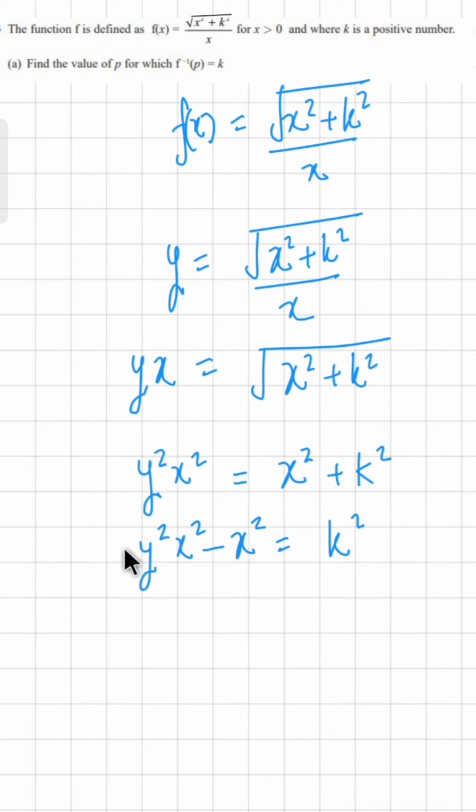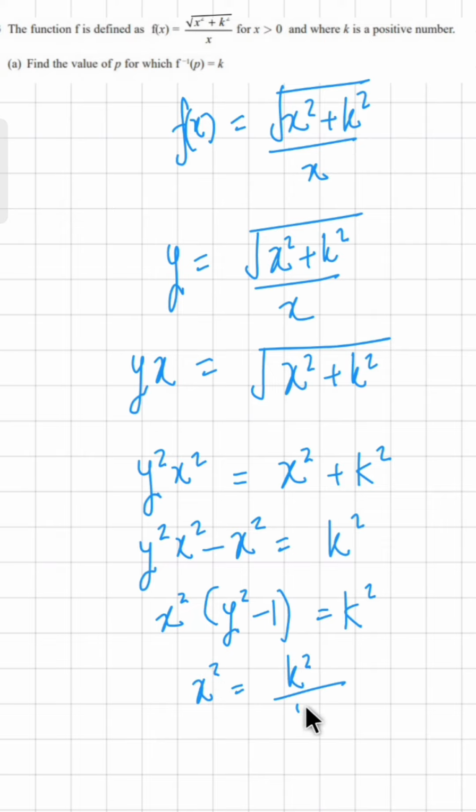Now you can take x² as common in the first two terms. If you take x² as common, then y² minus 1 will be left. Now this y² minus 1 is multiplying x², so you can send it to the right side, where it will divide. So you have got the value of x².